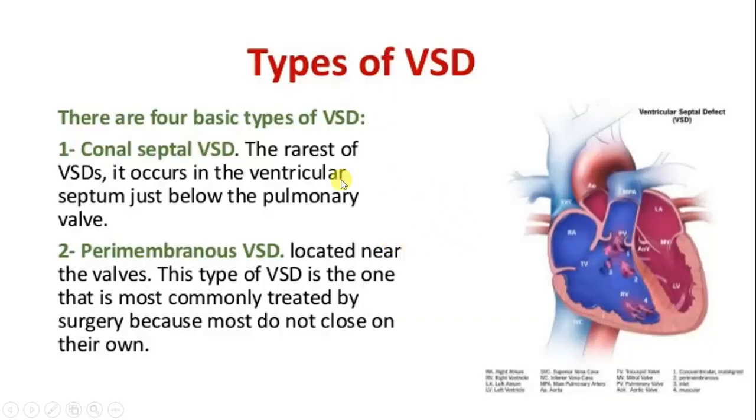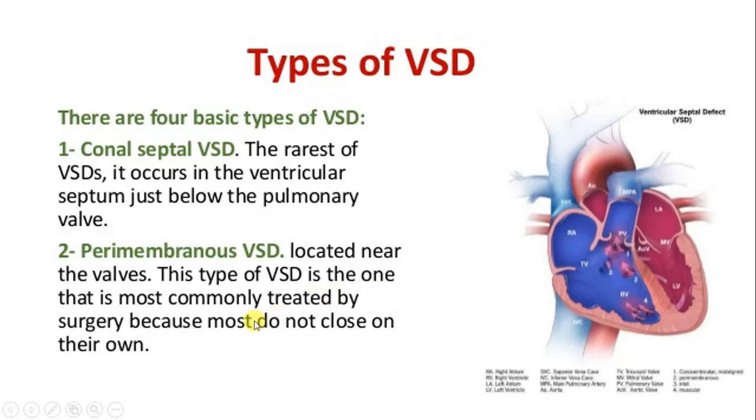The types of VSD include the conal septal VSD, the rarest VSD, in the ventricular septum just below the pulmonary valve. Here is the pulmonary valve, and just below it there is a VSD, and that is the conal septal VSD, a rare condition. Then the perimembranous VSD is located near the valve.